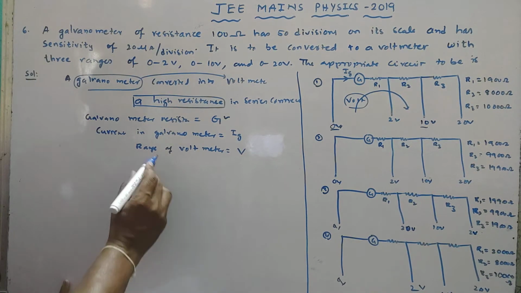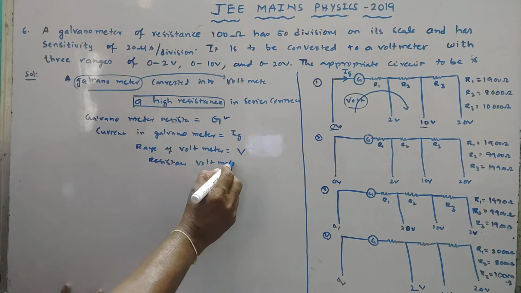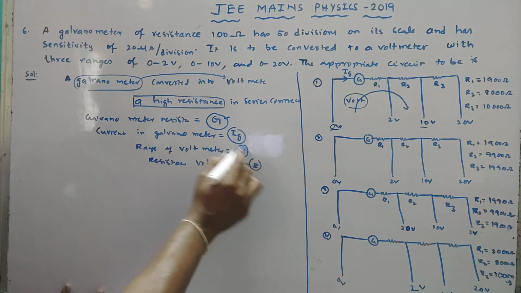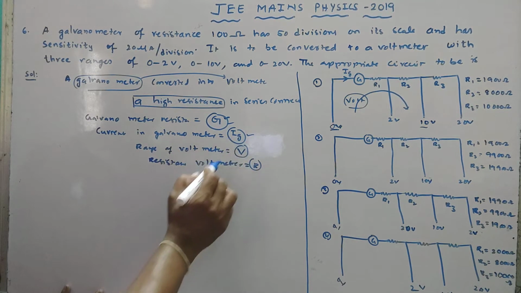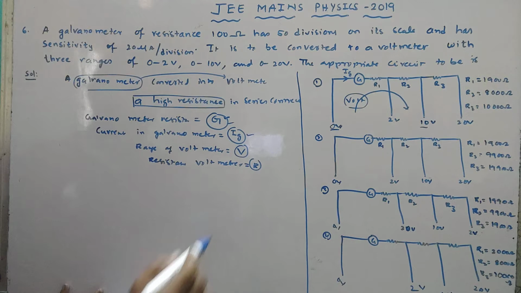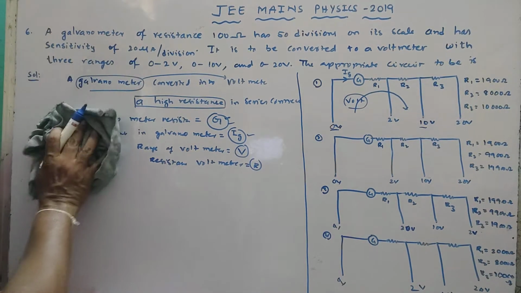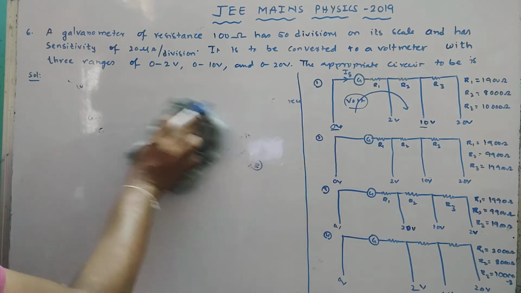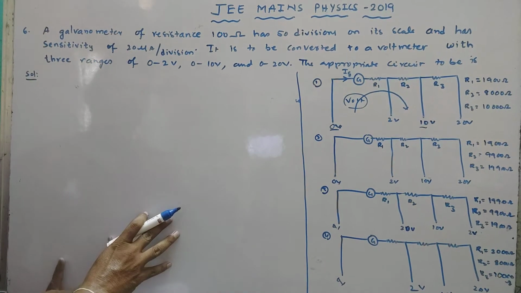The resistance of the voltmeter is R. So these are the general notations: galvanometer resistance G, current in galvanometer Ig, range of voltmeter V, resistance of voltmeter R. For this question we have to calculate R1, R2, R3.